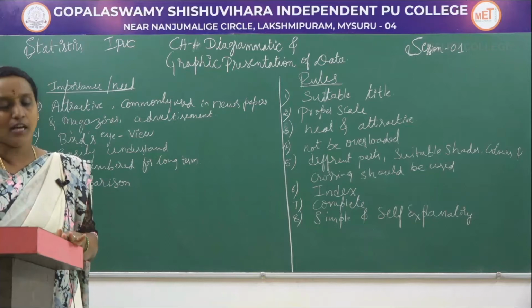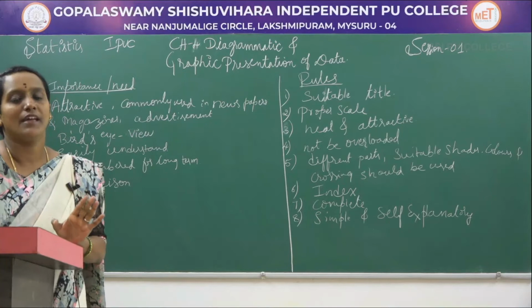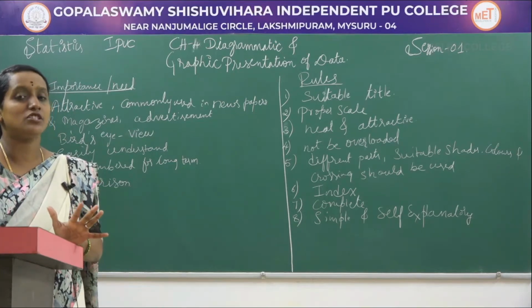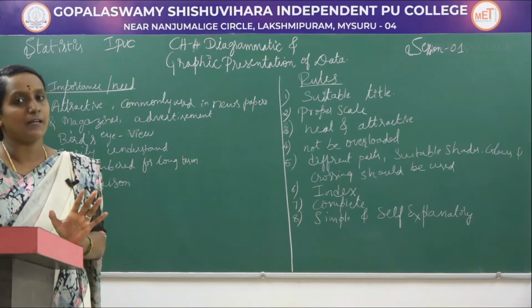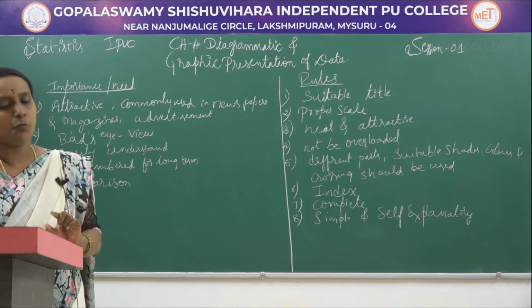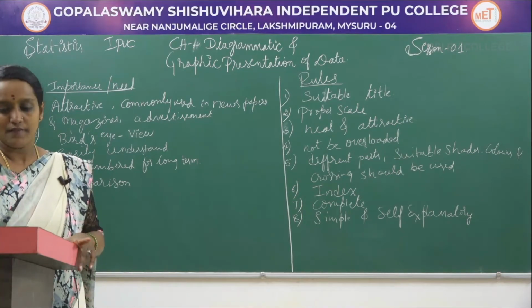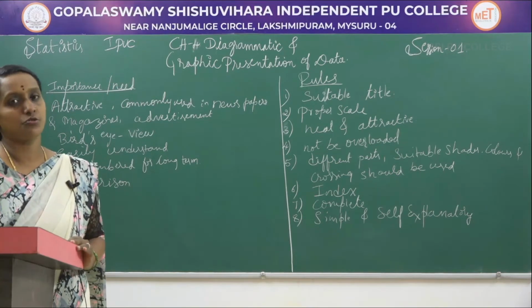Diagrams and graphs are used so that by looking at the picture we can understand which type of data we are representing. Just one diagram is enough to represent given data more effectively than 1000 words. Yes, that is true.